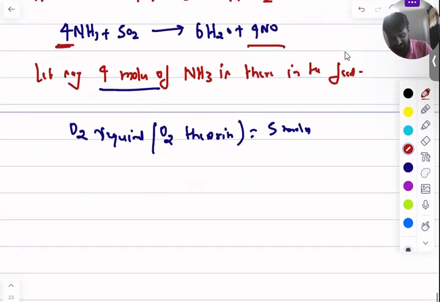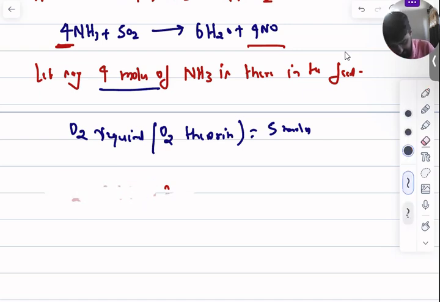But how much O2 is being supplied? 20% extra O2 supplied. Okay, sorry.